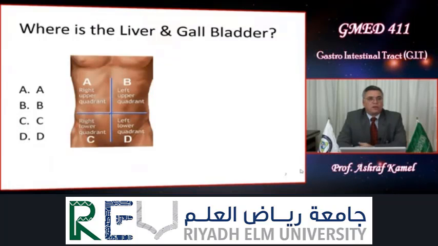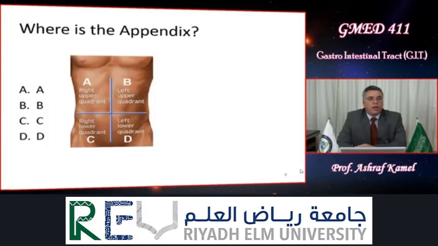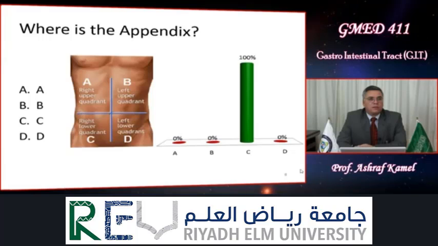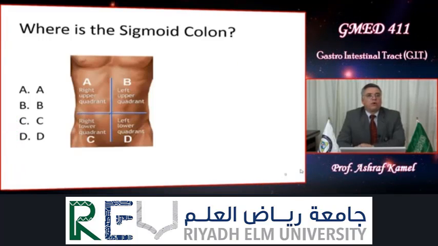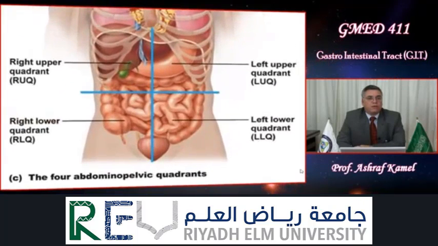This simplifies things. For example, if we ask a question, where's the liver and the gallbladder? The answer is in the right upper quadrant, A. Where's the appendix? The answer is C, right lower quadrant. Where is the sigmoid colon? The answer is D, in the left lower quadrant.